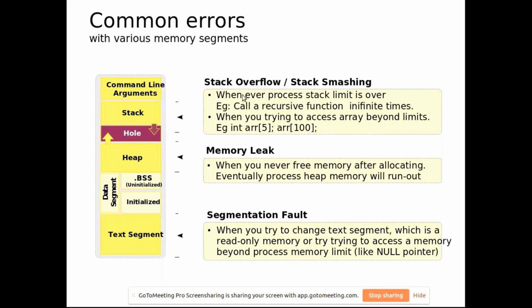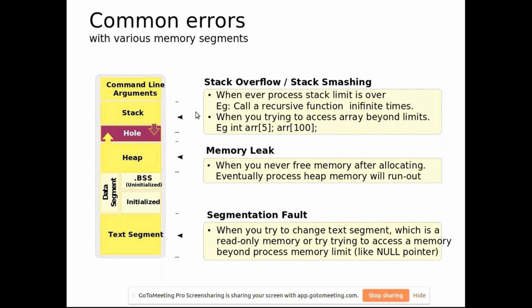So this is the heap segment, and this is a memory leak. Have you ever used malloc or calloc? Yeah. Okay, so if you allocate some memory and you don't free that memory while using it, the pointer points to that address only, right?